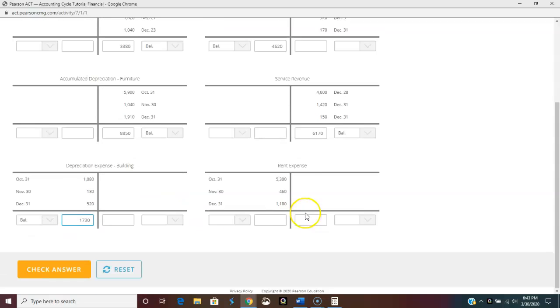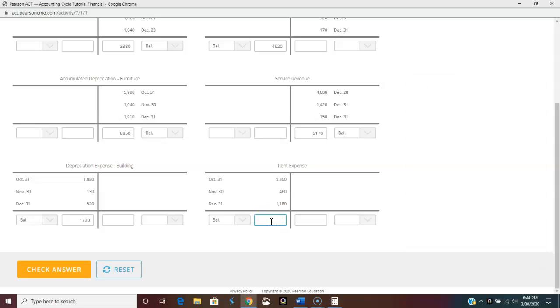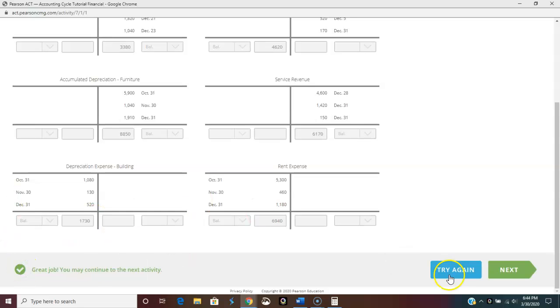And rent expense, we also have nothing else, so it should be the total of these. 5,300 plus 460 plus 1180. I hit the equal sign instead of what I should. How much was that? 6940. Check our answer and probably have something wrong. Nope, we got it right.